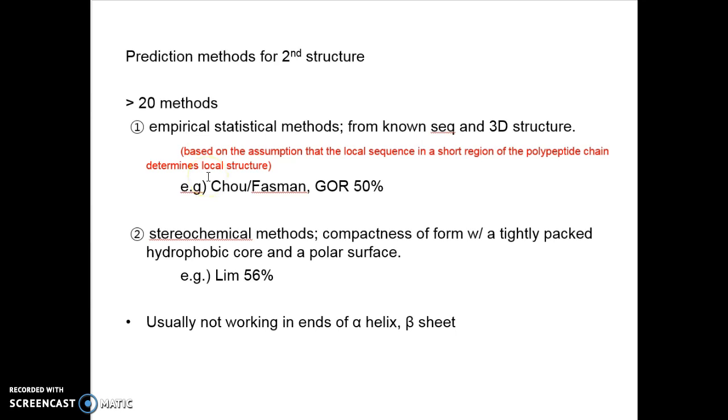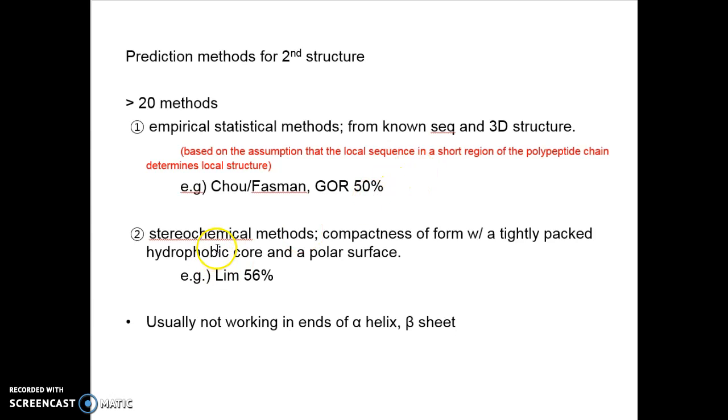These methods are based on the assumption that the local sequence in a short region of the polypeptide chain determines local structures. But as you know, this is not the case. The most famous ones are the Chou-Fasman prediction method and GOR. Those methods are correct only 50% on average, sometimes as high as 80%.